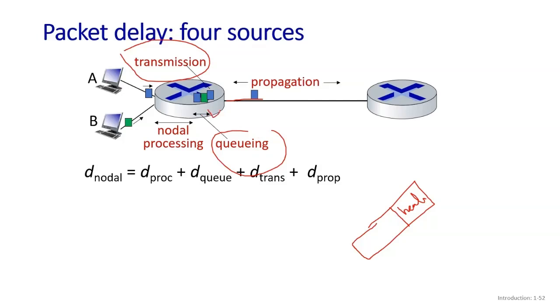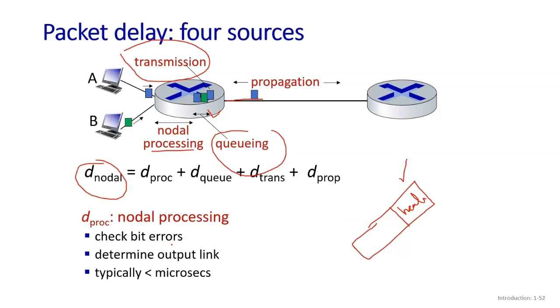The time taken by the router in determining the destination address and the outbound link for a certain incoming packet is known as the processing delay, as is the time taken in checking for bit errors. When we sum up all of these delays, we get the nodal delay: D nodal equals processing delay plus queuing delay plus transmission delay plus propagation delay.